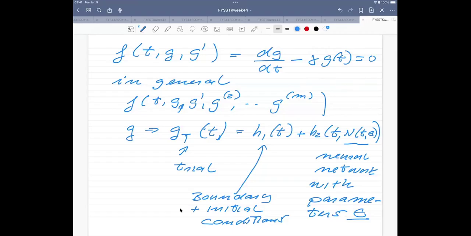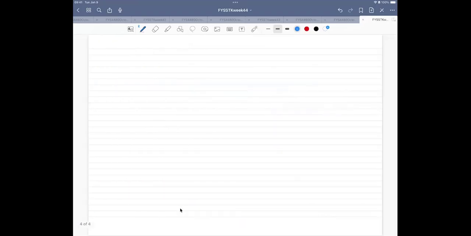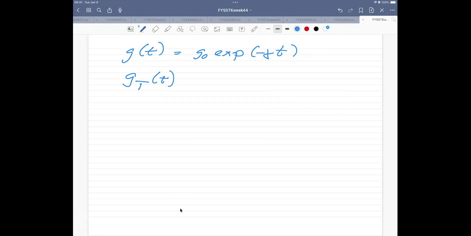So in our case, we know that the solution G of t of time here is given by this G0 times the exponential of minus gamma t. We could now make a guess and simply say that this trial function, G of t, could now be given by a constant, and we know the initial condition.